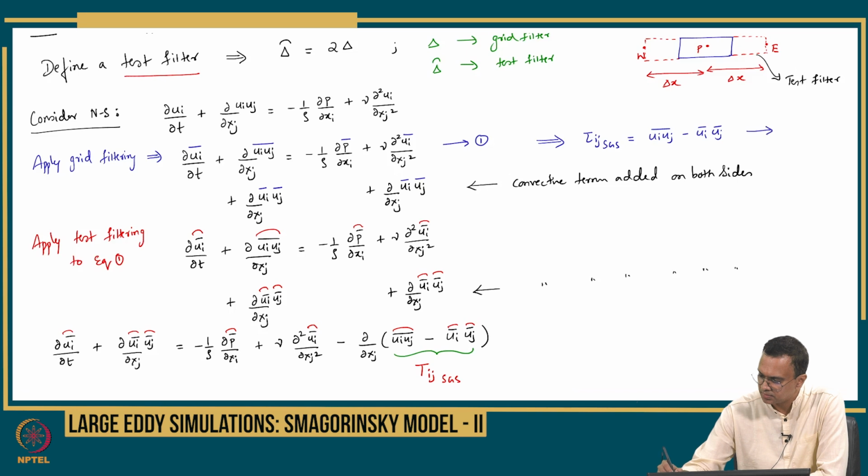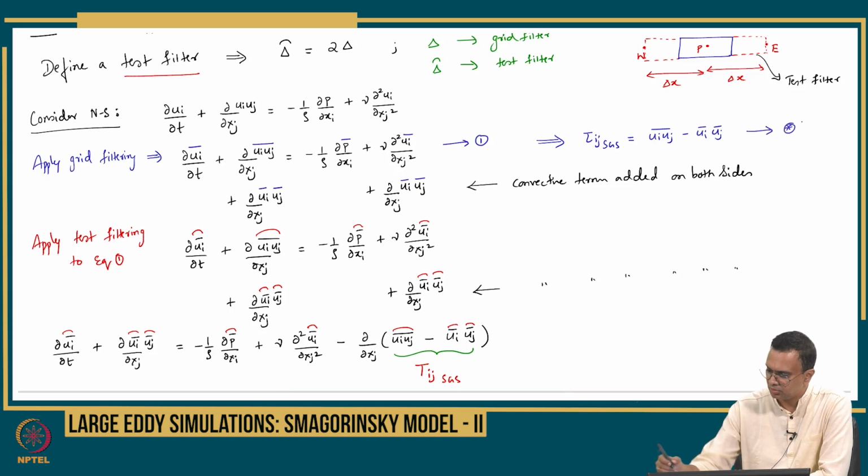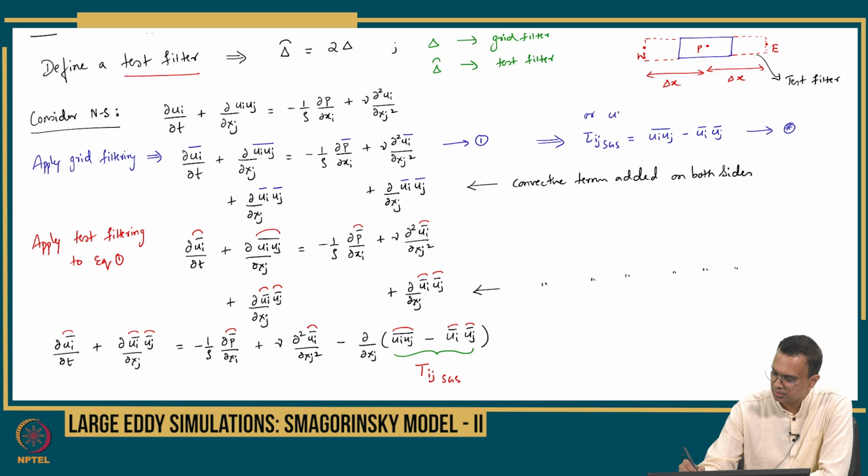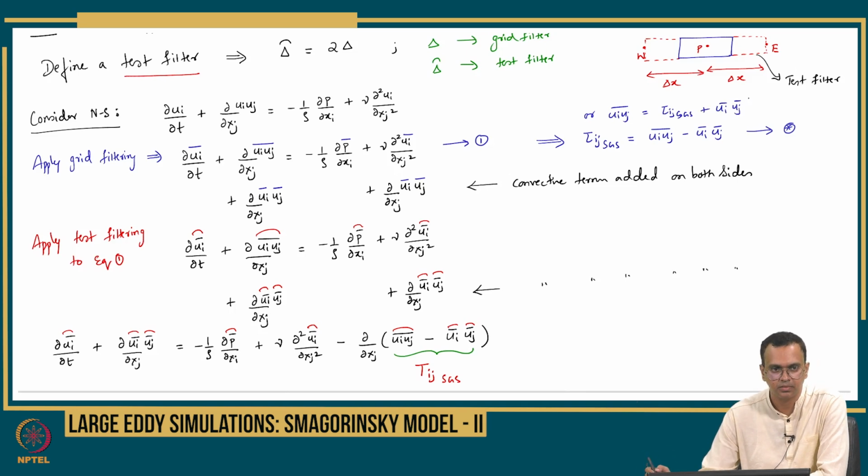So let's call this star. Now using equation star in this final equation here, I can say ui uj over bar is nothing but tau ij SGS plus ui bar uj bar, grid filtering. So I can substitute this particular term in the Tij SGS, test filtered level.